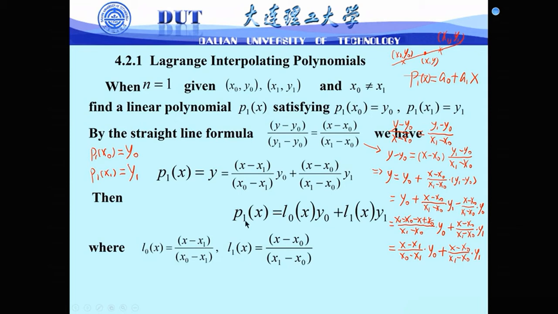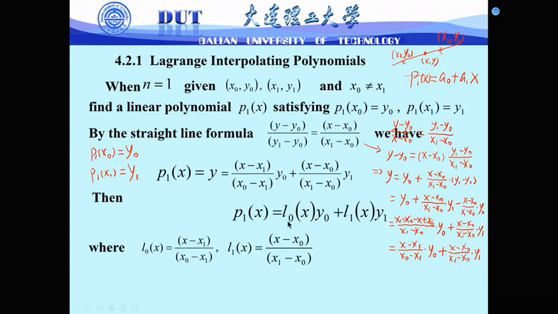Then we can write p1(x) by this linear function L0(x) multiplied by the first function value y0, plus another linear function L1(x) multiplied by the second function value y1.